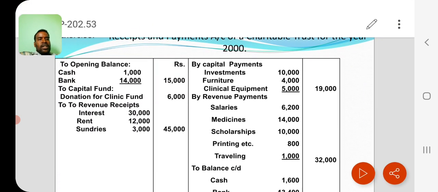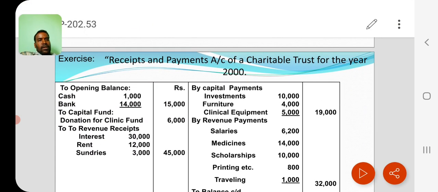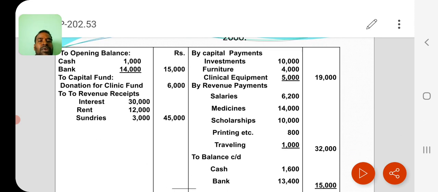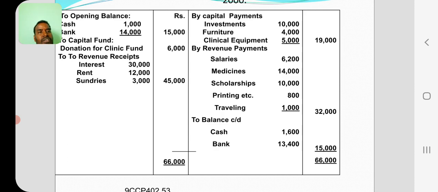So see here, the receipts and payments account of a charitable trust for the year 2000. Debit side is the receipt side, credit side is the payment side. To opening balance: cash 1,000, bank 14,000; the net value is 15,000.